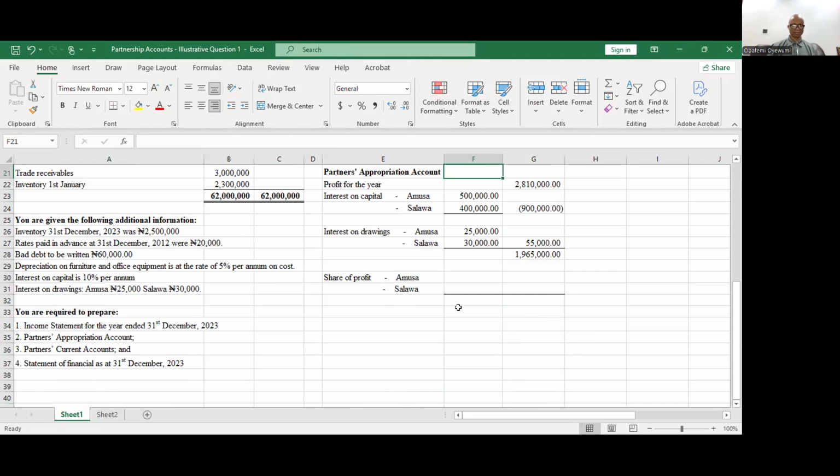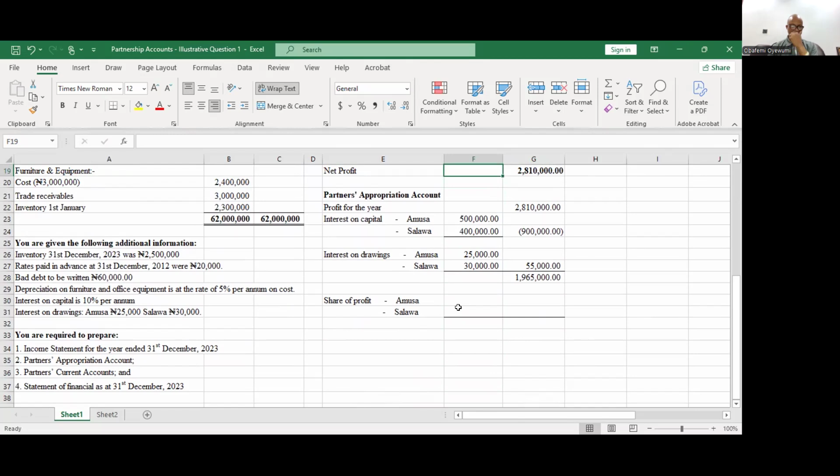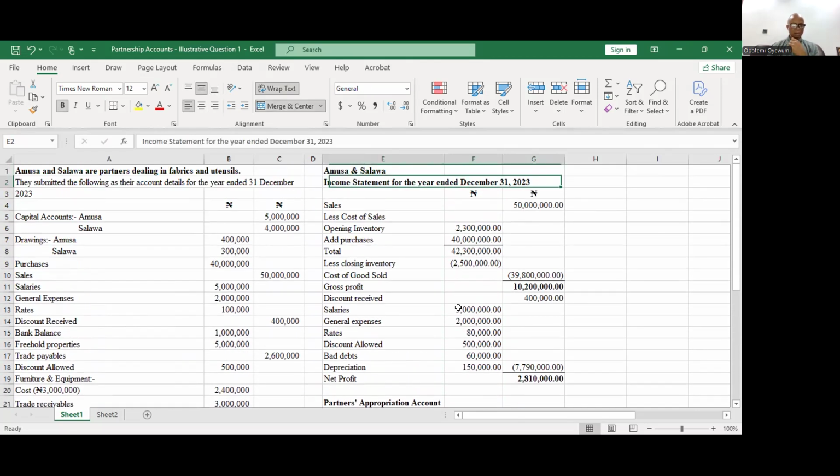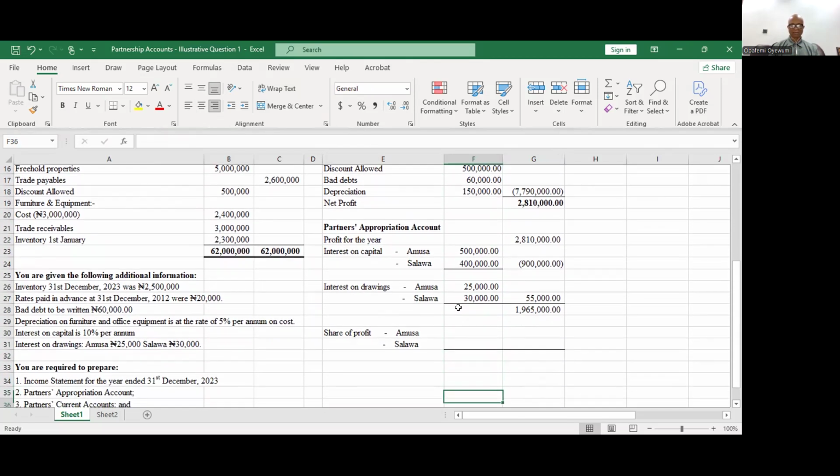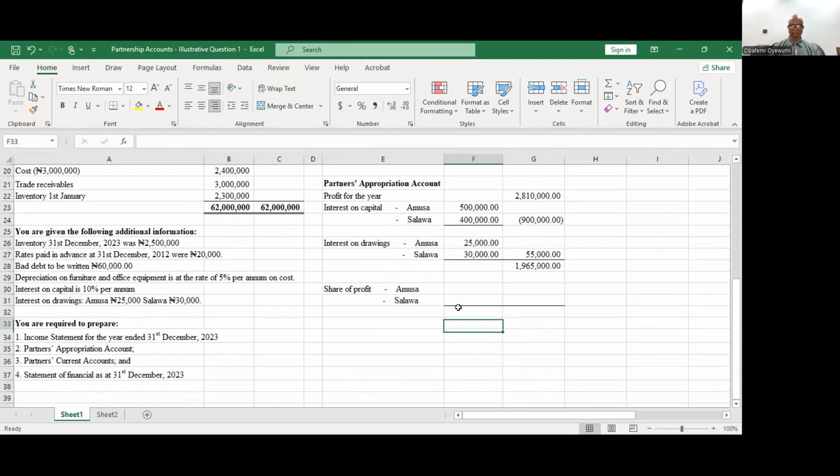Let's do it this way. Now the Partnership Act of 1890 says that where there is no agreement reached for the purpose of sharing profit, what must be done?